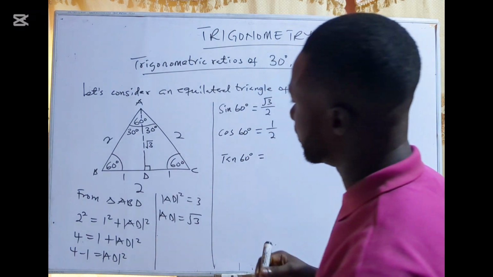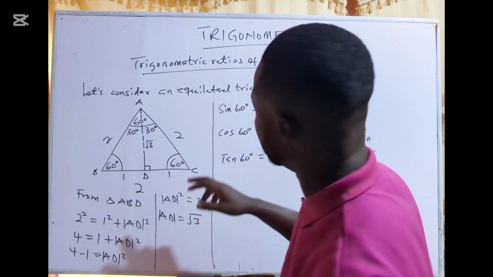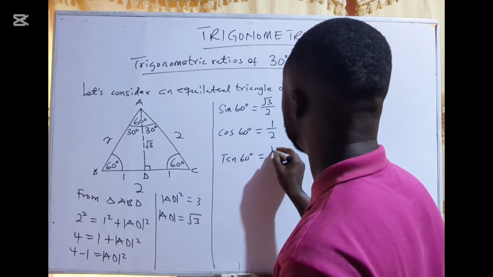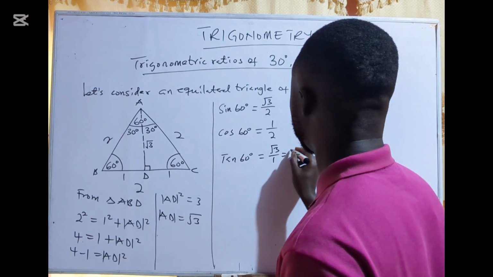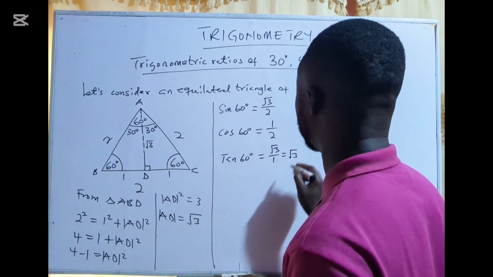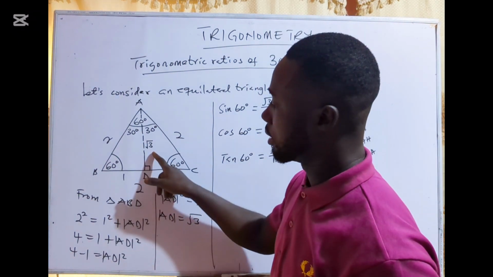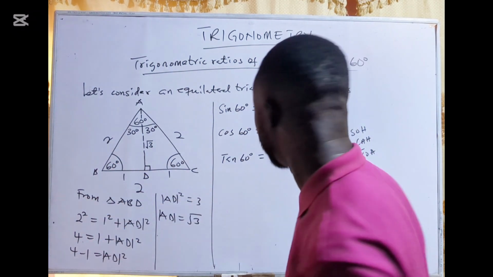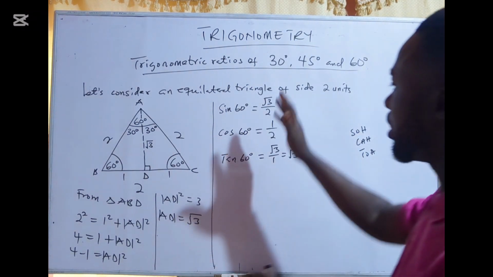Tan is opposite over adjacent. So that is root 3 over 1, and that will give me root 3. The opposite is root 3, the adjacent is 1. 60 is here, so this is the opposite, this is the adjacent. Okay, so I'm done with the 60.